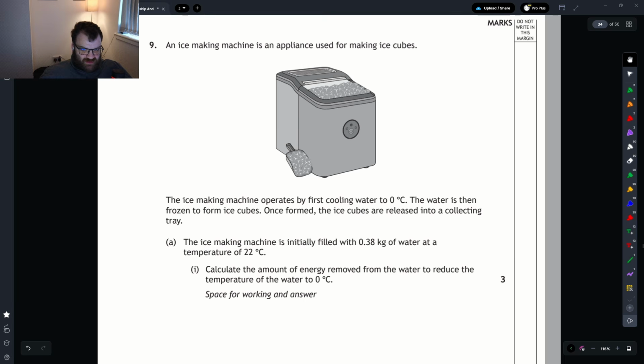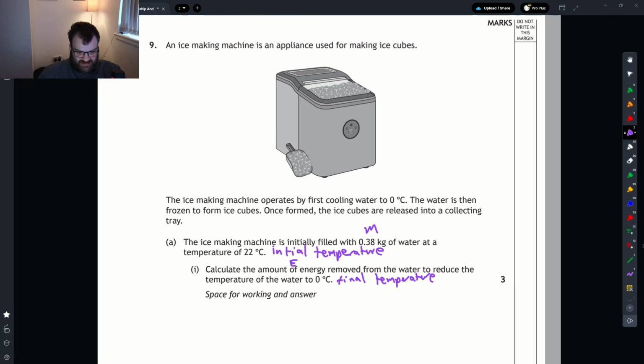Next one, we're now talking about energy and the properties of matter. We are told our mass of the water, we've got our initial temperature, we're asked about energy, and we're told our final temperature.